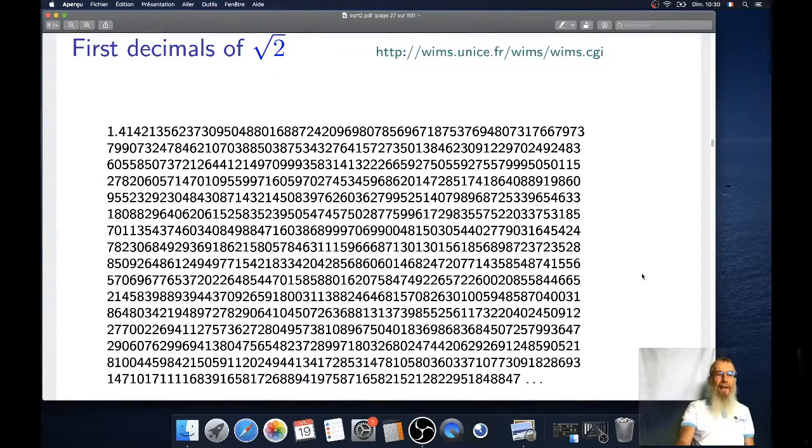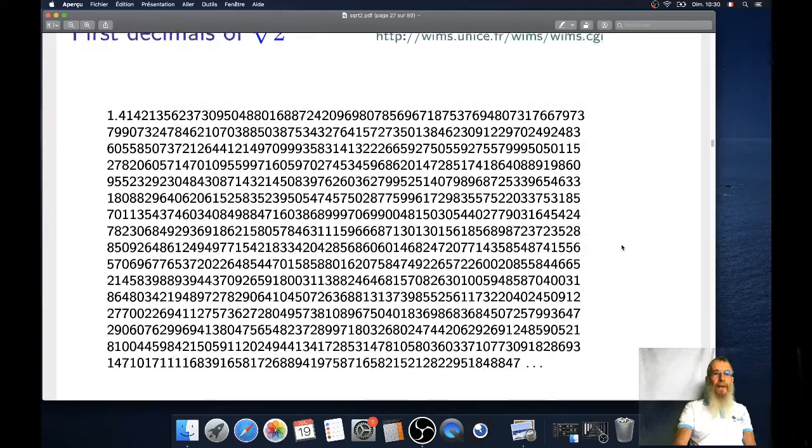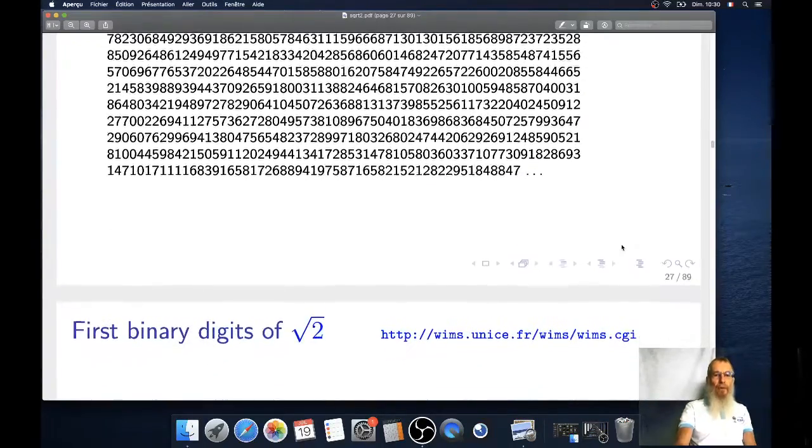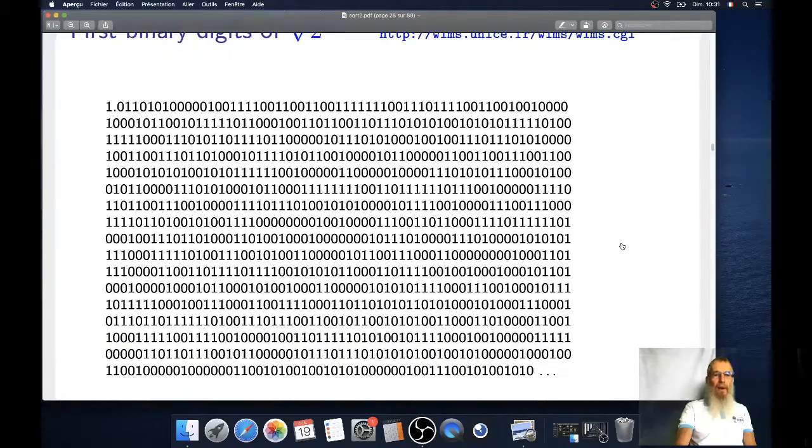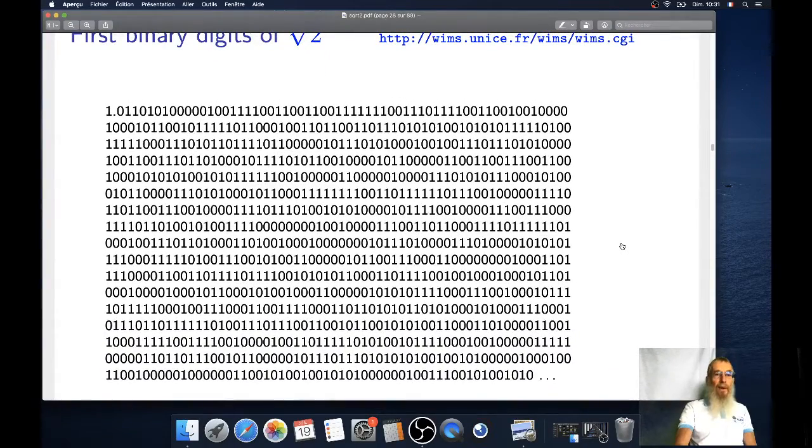So I mentioned the fact that the decimals of square root of 2 are not ultimately periodic. We can compute some decimals of square root of 2 and we get this sequence of integers between 0 and 9, the decimal digits of square root of 2. We can compute also the binary digits of square root of 2. And we can ask, what can we say on these sequences?